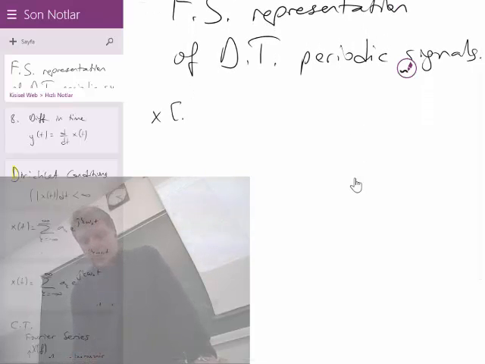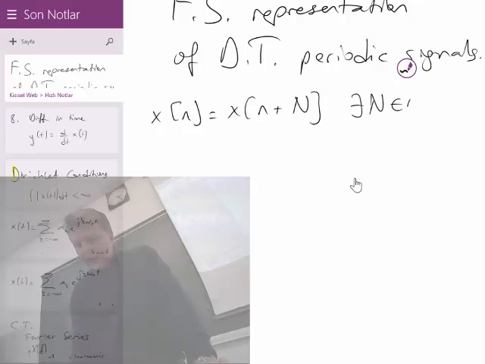It must have this property: x of n must be equal to x of n plus capital N for some capital N an element of integers. So the trick here is the period for a discrete time periodic signal must be an integer.